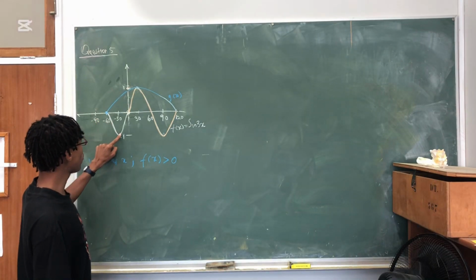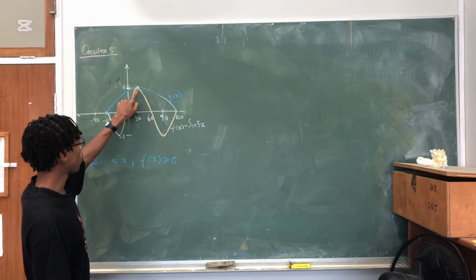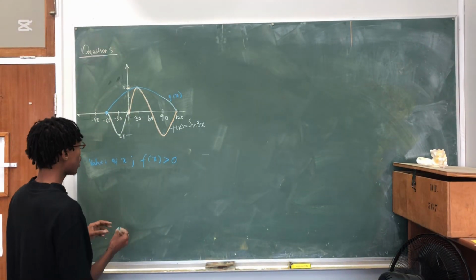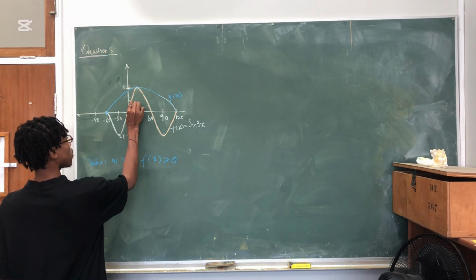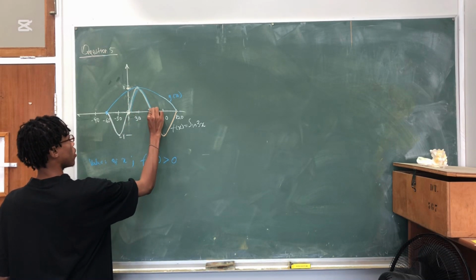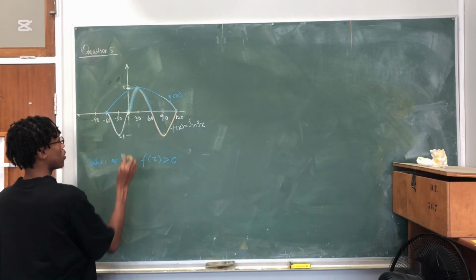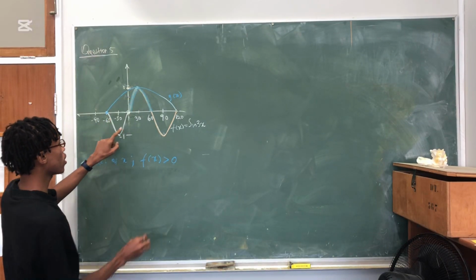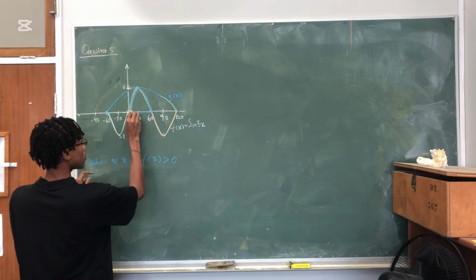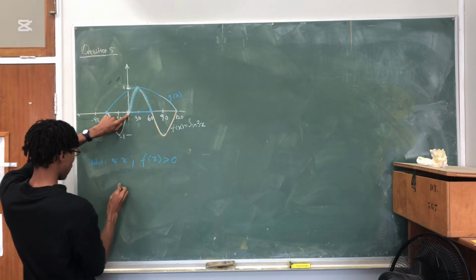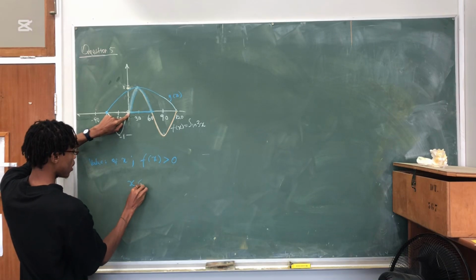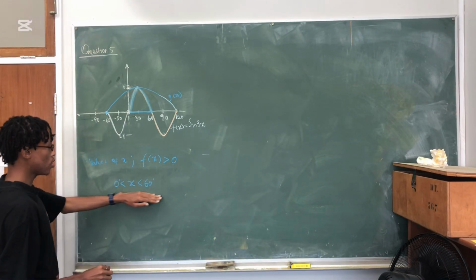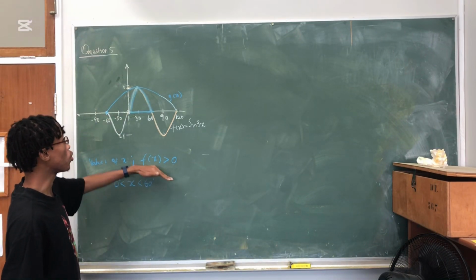So when we look at the f of x function, the only region where the y is greater than 0, meaning that it's positive, is this region. So this region, our y is positive. We're looking for these x values for which the y is positive, from 0 to 60. Therefore, where x is less than 60 but greater than 0, these are where we find the function being greater than 0.